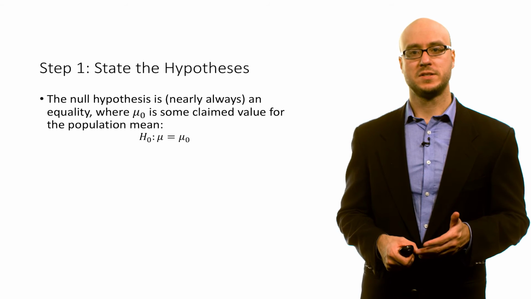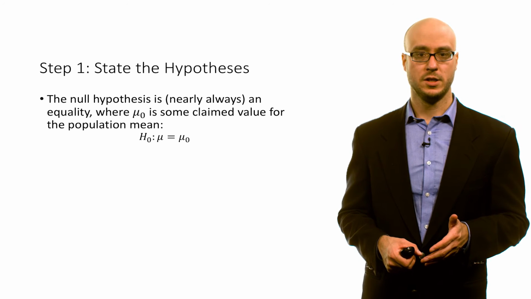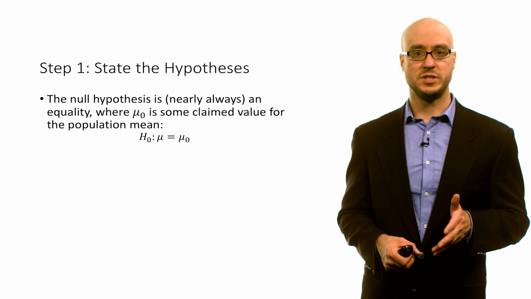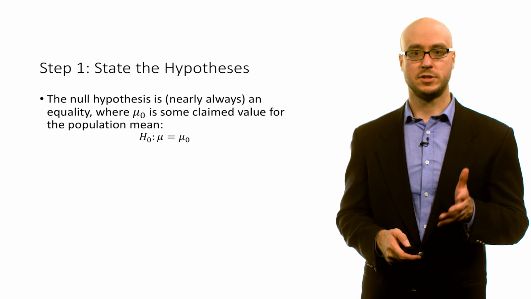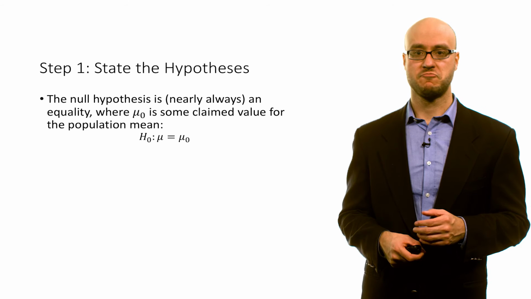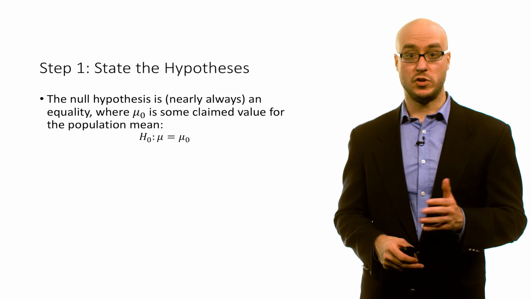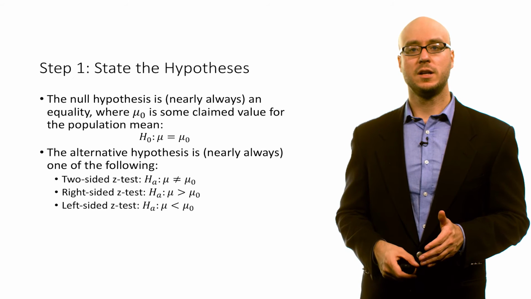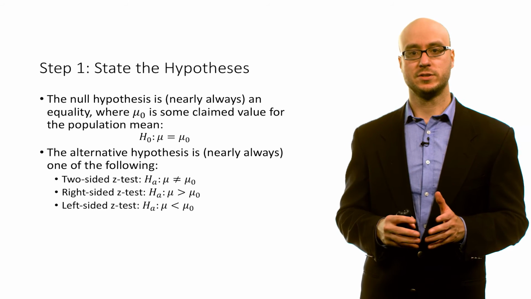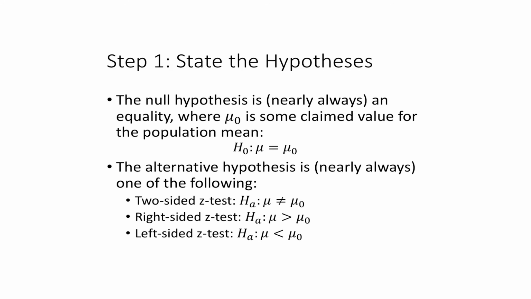So first of all, step 1, state the hypotheses. The null hypothesis is almost always an equality. We use mu subscript 0, or mu naught, as some claimed value for the population mean. So if you think the population mean is 50, let's say, the null is mu equals 50. So mu naught is 50. The alternative has 3 different variations. You can have a two-sided z-test, where the alternative is simply that the population mean is not equal to mu naught, the claimed value.